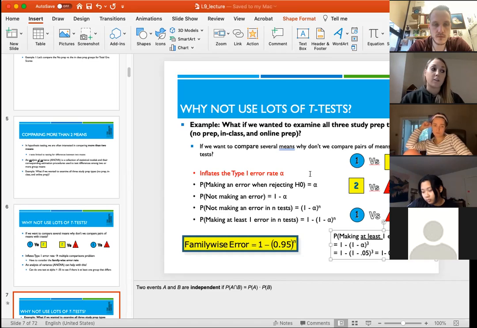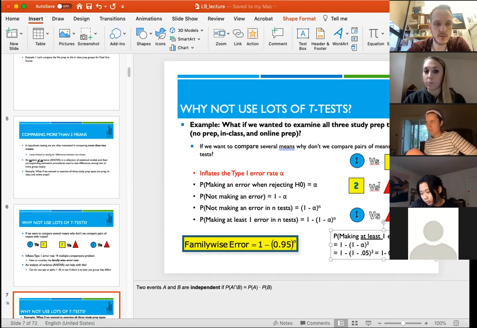And then there are other statistical measures that we can take into account where we can do some corrections. And we'll talk about some of these corrections that are more applicable for this type of t-test problem, where you have 3 to 10 groups that you're trying to compare. We can correct for that in a statistical fashion.